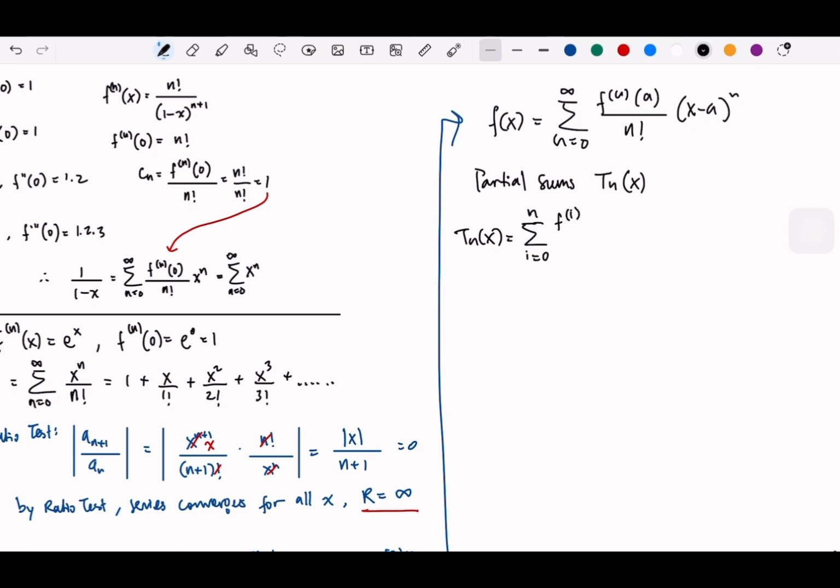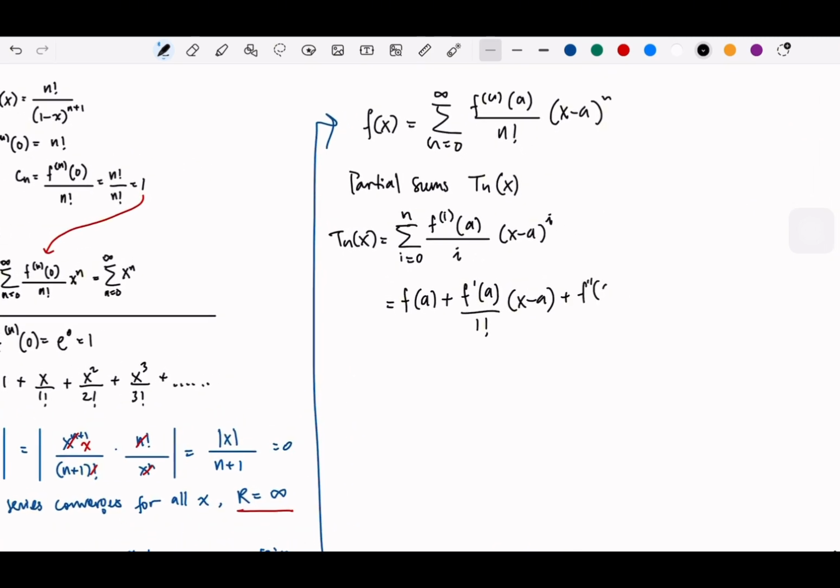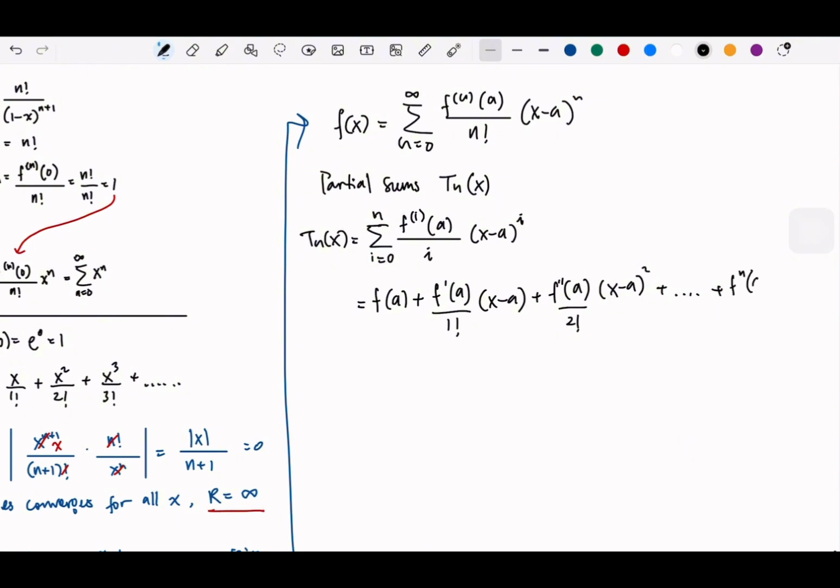So now why do we need the partial sum? Because in partial sums, we can define the limit of the terms, and continue until plus f^(n) of a over n factorial times (x minus a) to the power of n.